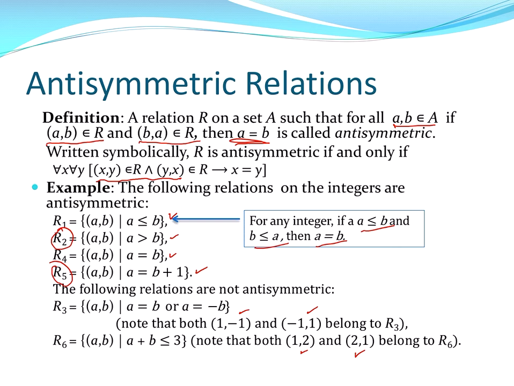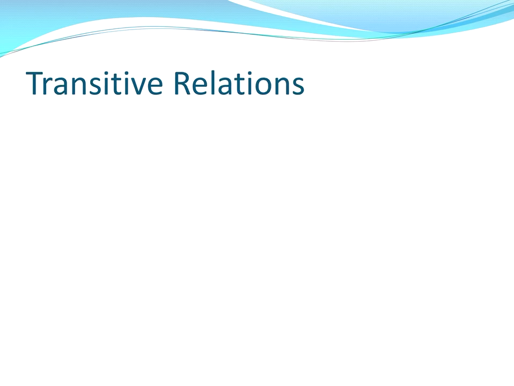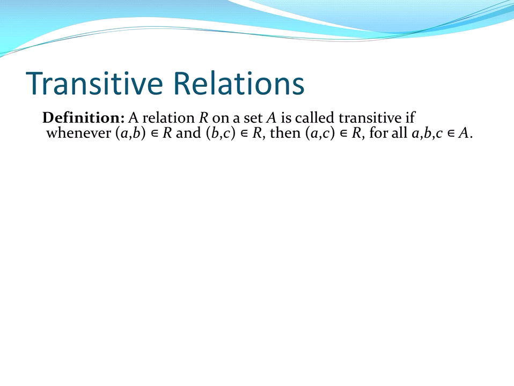All right, so that's reflexivity, symmetry, antisymmetry, and the last one is transitivity. Here we have a relation R on A. We say that it's transitive if whenever (a, b) is in R and (b, c) is in R, then (a, c) is in R for all triplets in the underlying set.